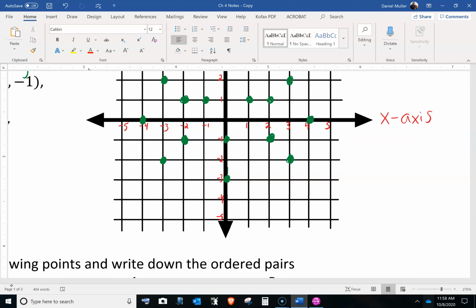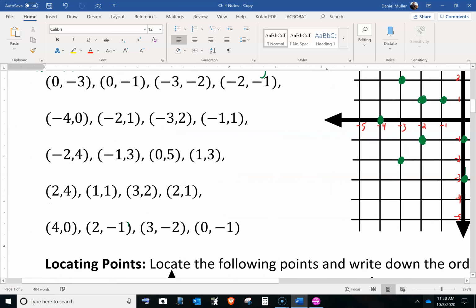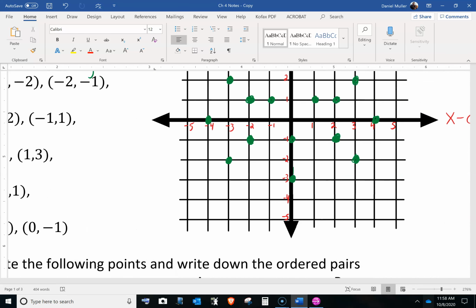Okay, I think we have one more here. Right nothing, down 1. So left or right nothing, but then down 1.